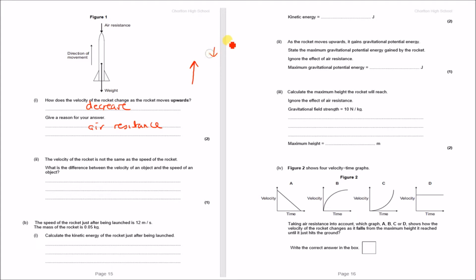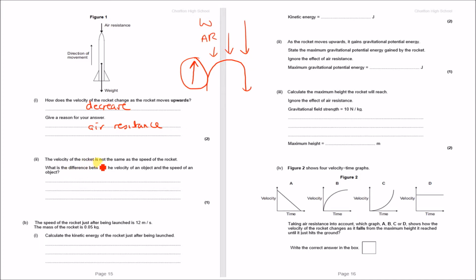So the air resistance is going to increase and increase, and eventually the air resistance is going to push it down, and it's going to go up, and it's going to come straight back down again. Okay, so the velocity has to decrease instantly. As soon as it's fired, there is no longer a force pushing up. There is only forces pushing down. There'll be air resistance and weight pulling it back down again.